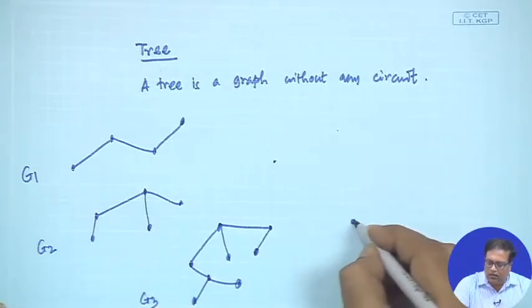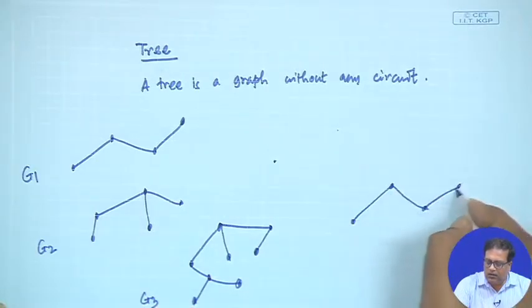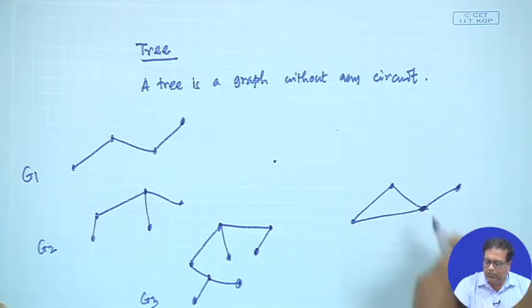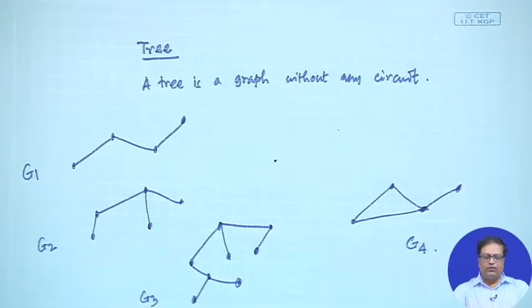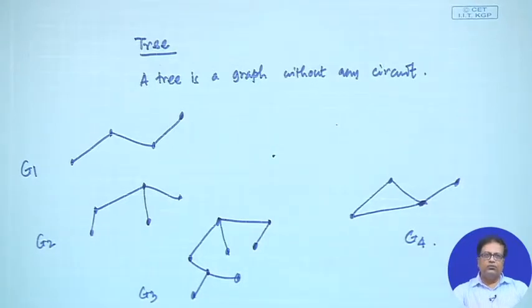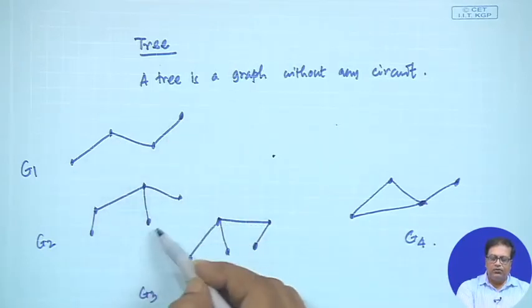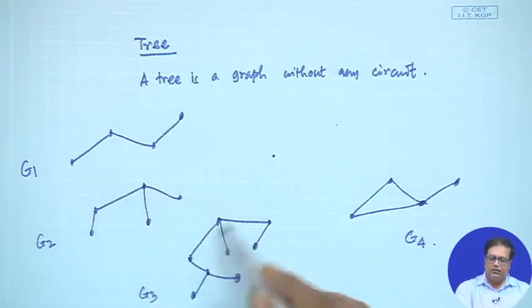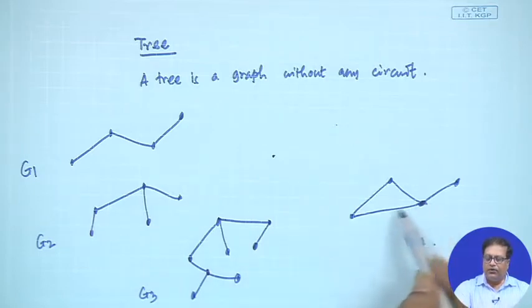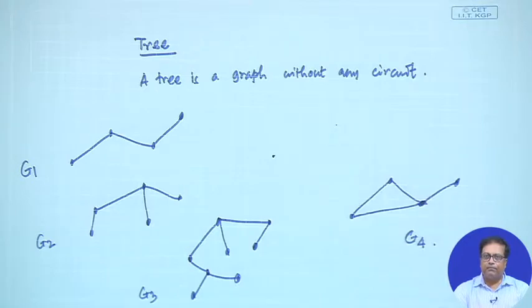Now, we can also draw something like this, G4. Now, tell me, out of these four things that I have drawn, G1, G2, G3 and G4, are all of them trees? Are all of them having circuits? Here in G1 there is no circuit, in G2 also there is no circuit, G3 no circuit, and G4 however is not a tree because there is a circuit.